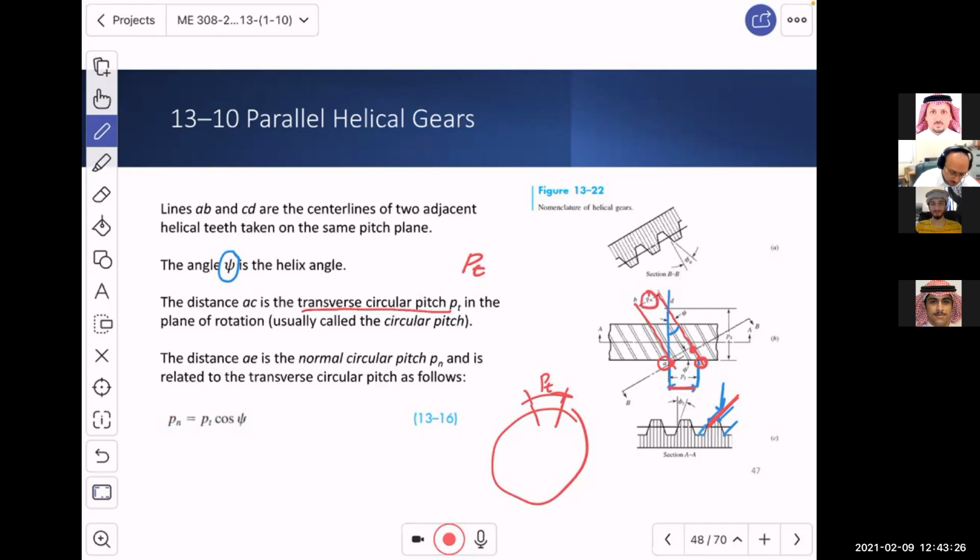There is a little delay, but I was talking about this point here. This is called the normal circular pitch, which is PN, and it is related through the helix angle to the transverse pitch by this relation: PN equals PT cosine psi.